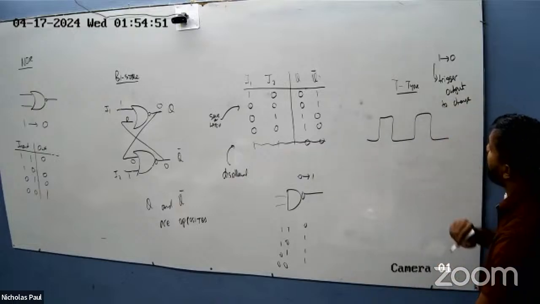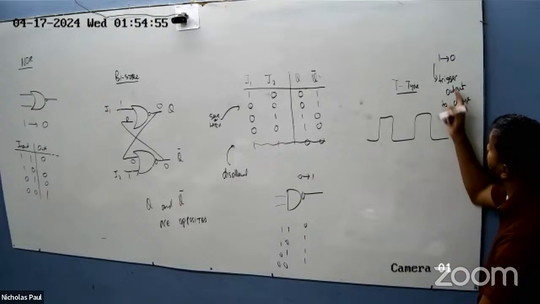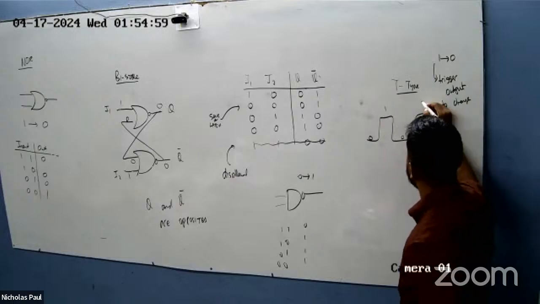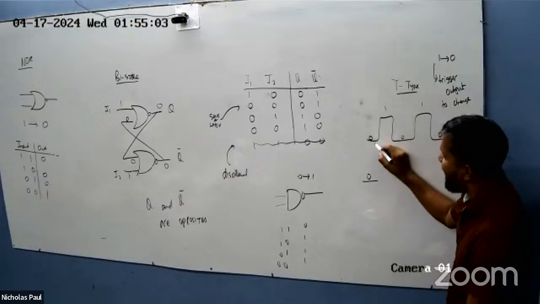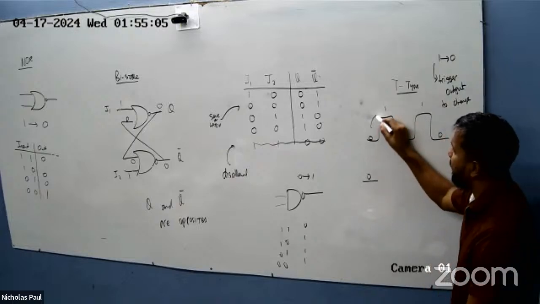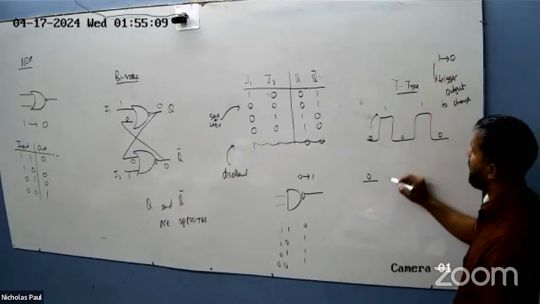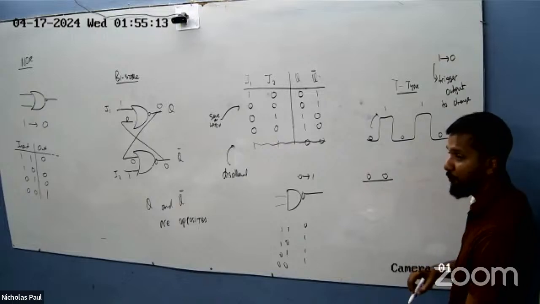Every time the input goes from 1 to 0. So this is a 0, this is a 1, there's a 0, there's a 1, there's a 0. So the output starting at 0. My input is going from 0 to 1. Will that trigger anything? No, because my trigger is 1 to 0. It's not triggering the output to change, so it stays 0.